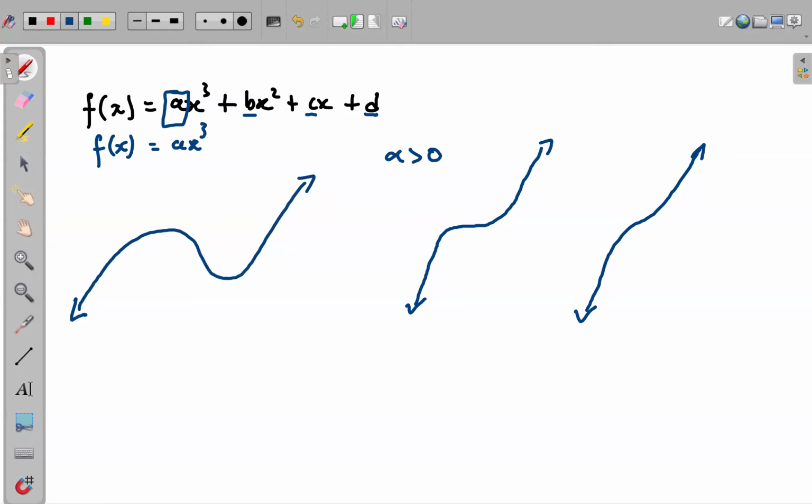So I need you to be open-minded. Sometimes you could have a cubic function that is represented as ax cubed plus bx squared. Sometimes it's ax cubed plus cx. At times it could be ax cubed plus d. There are just variations to this, okay?